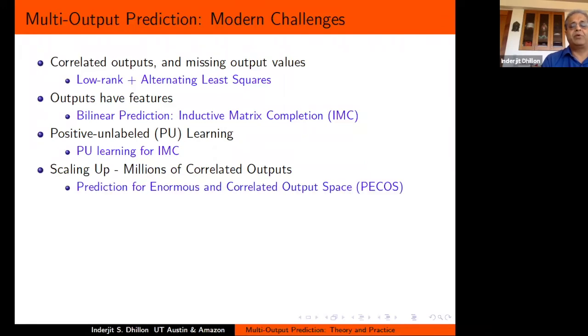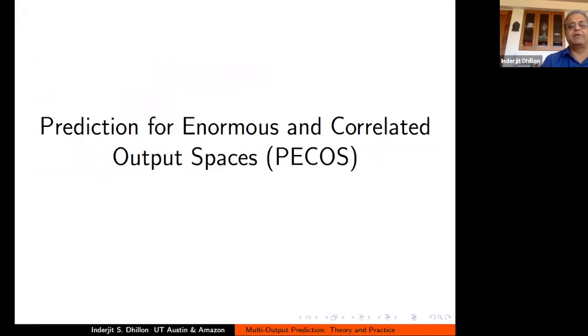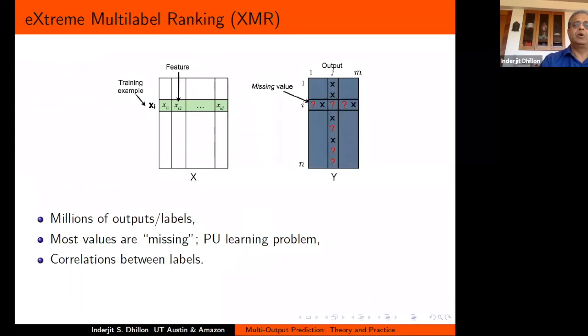So now let me talk about some recent work which we have done, which enables us to do so. This is what we call prediction for enormous and correlated output spaces, or PECOS. This problem is sometimes called extreme multilabel ranking. And just again, to set the stage, we have a training example.